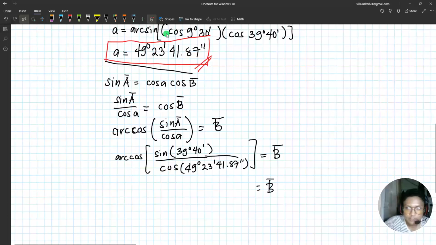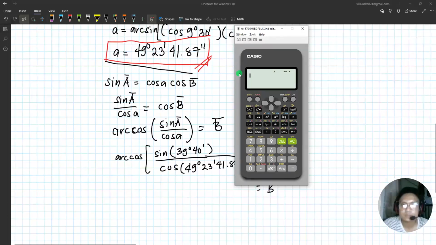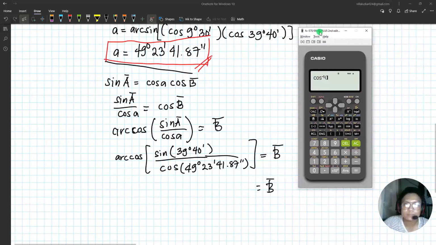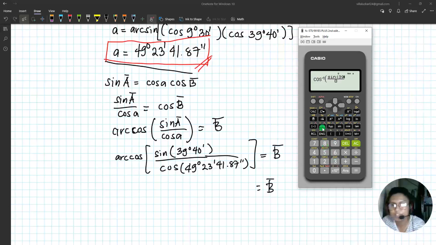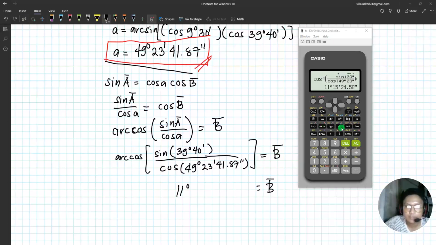Bar B therefore is the arccosine of sine 39 degrees 40 minutes over cosine 49 degrees 23 minutes and 41.87 seconds, which equals 11 degrees 15 minutes and 24.58 seconds.